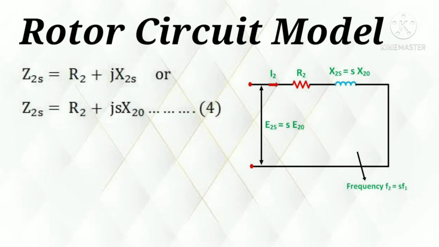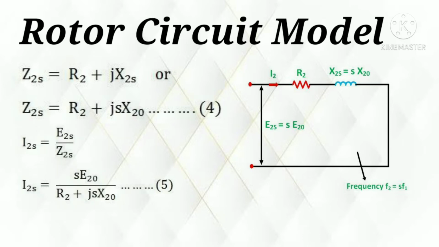X20 is the standstill reactance of the motor. The rotor impedance is given by the equation Z2s equal to R2 plus jX2s, that is equal to R2 plus j s X20. The rotor current per phase is given by the equation I2s equal to E2s by Z2s.